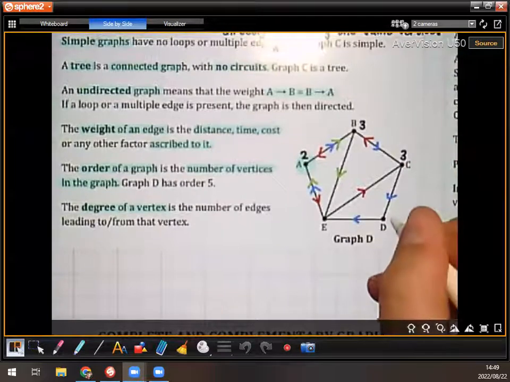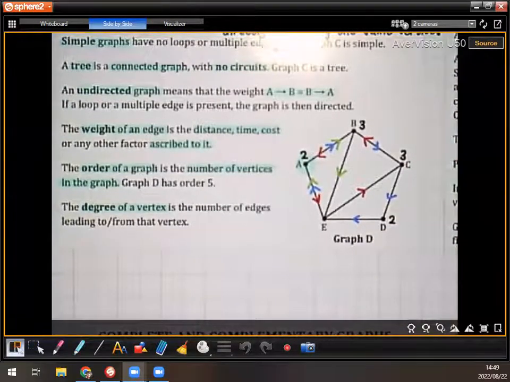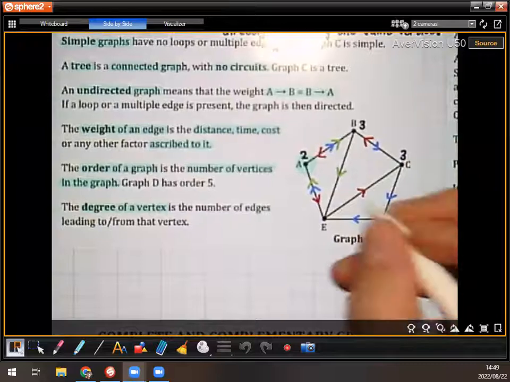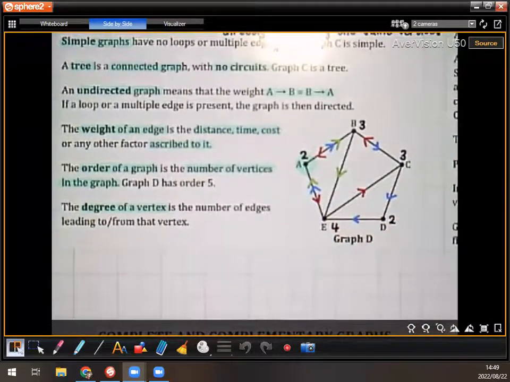D, 2. The number of edges connected to vertex D is 2. And then for E, do we see that it's 4? 1, 2, 3, 4. The degree of E is 4. But the order of that graph is 5. Okay, it's easy to get confused, right?